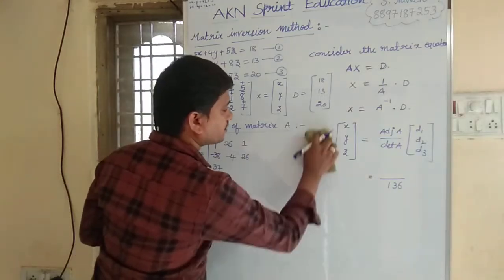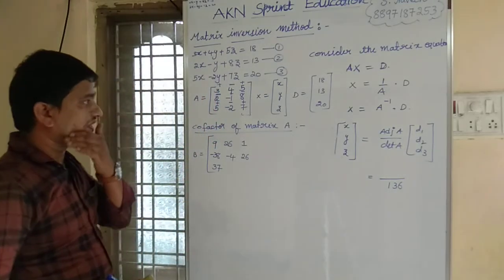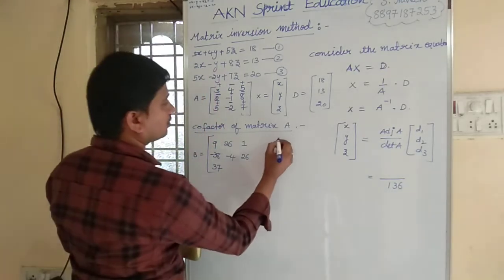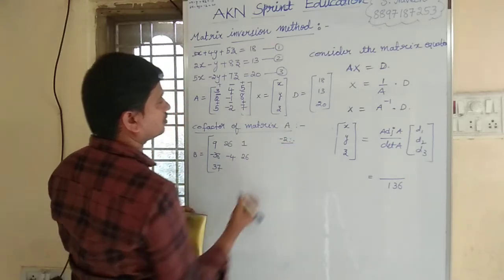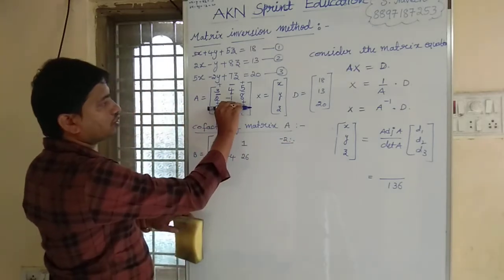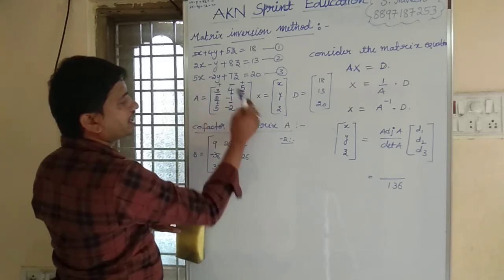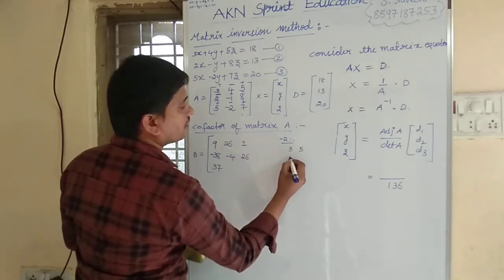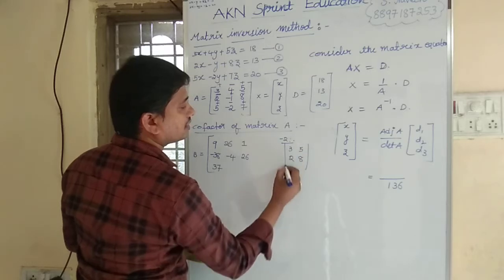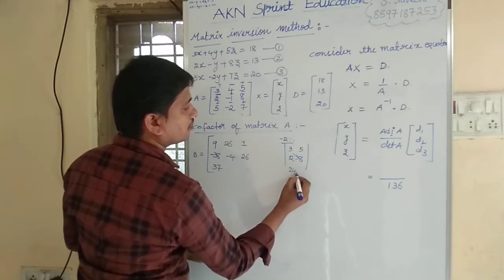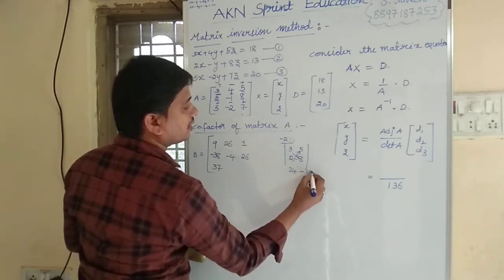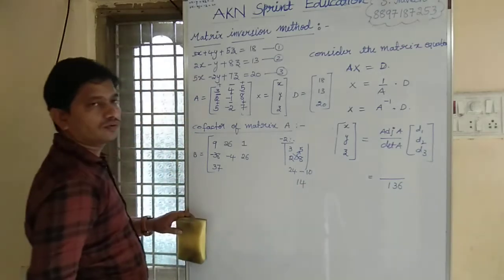Now let us find the cofactor of minus 2. So corresponding row, corresponding column, we have 3, 5, 2, 8. 3 8 is 24 minus 2 5 is 10. 24 minus 10, 14.